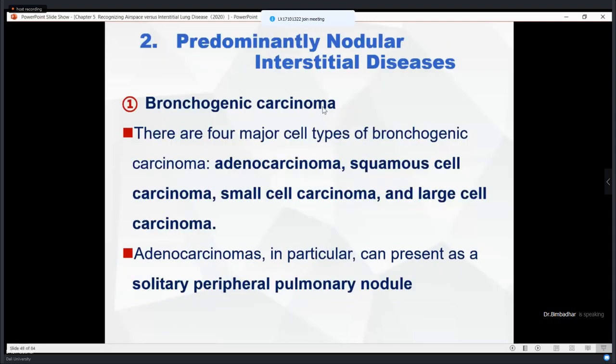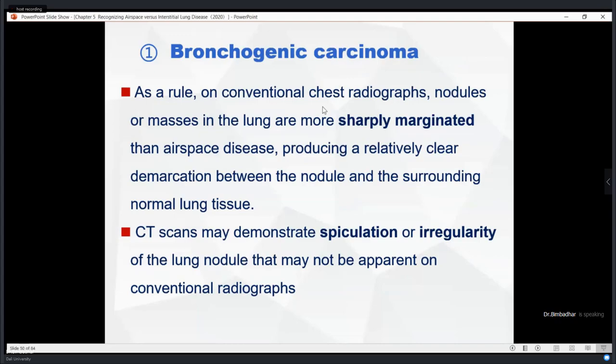And then you will be talking about bronchogenic carcinoma, the types of bronchogenic carcinoma. Try to learn the definition of a solitary pulmonary nodule, and the differentiation between a mass and a nodule, right? Then we have to know what exactly a satellite lesion, cannonball metastasis, spiculated sign, or pleural tail sign is.